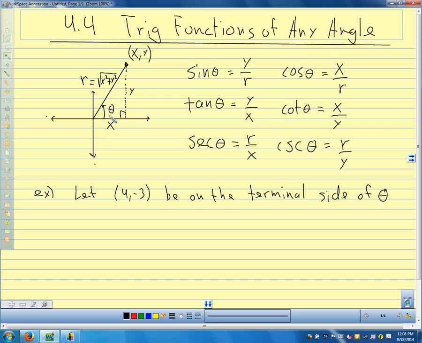This is the edge of our angle, if you want to think of it that way. Find the exact value of sine theta, cosine theta, and tangent theta.